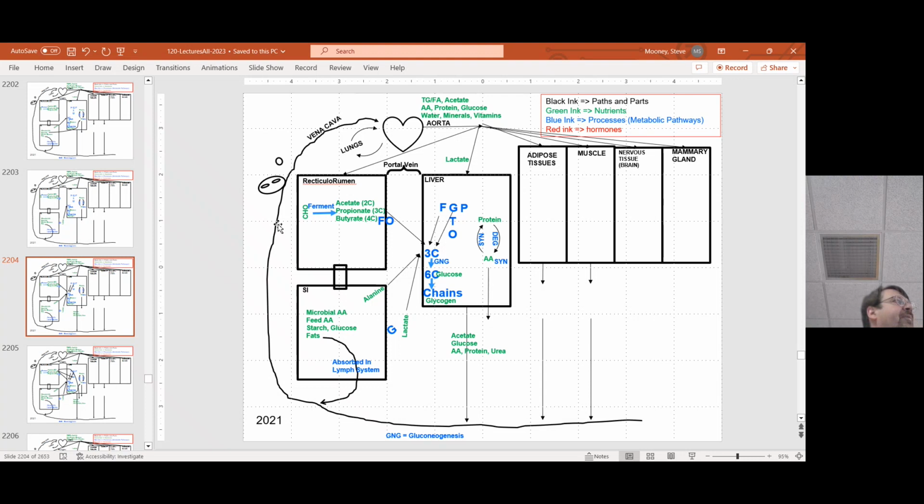Anybody need more time? Everybody with me so far? 1 lactose. Don't confuse lactate and lactose. Lactic acid is a 3-carbon unit. Lactose is a disaccharide that's got 12 carbons in it. So if you think about it, in order to get 12 carbons with 3 carbon units, I need 4 of them.